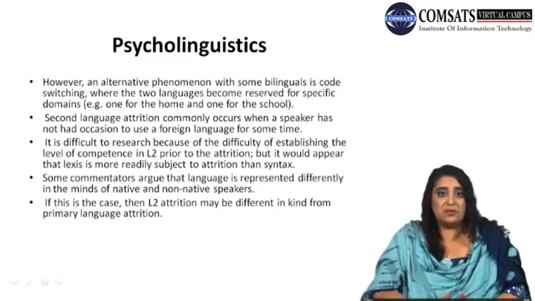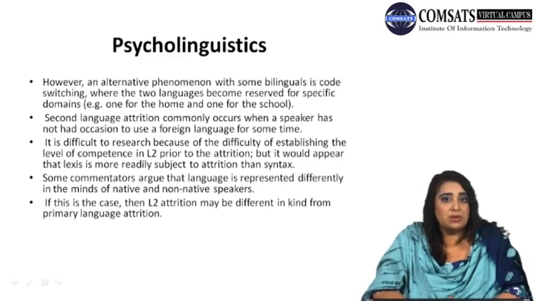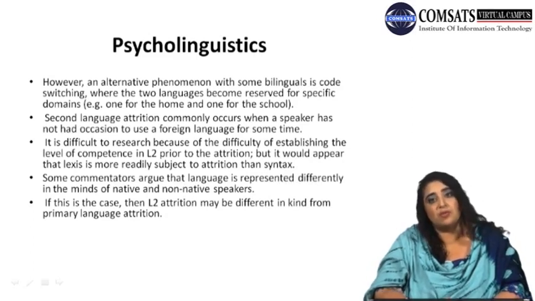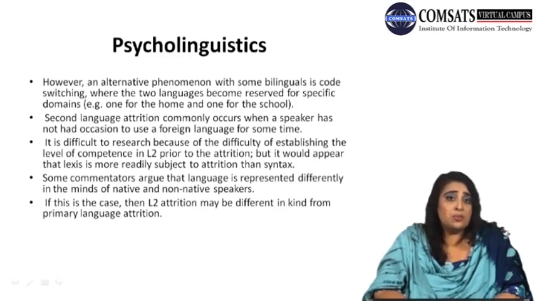A native speaker would take language in a different way than a non-native speaker would. A native can understand the language better. The way his mind processes the language would be very different from a non-native speaker. A non-native speaker has learned the grammatical rules and the vocabulary, but the way he would process the language would be very different from a native speaker.